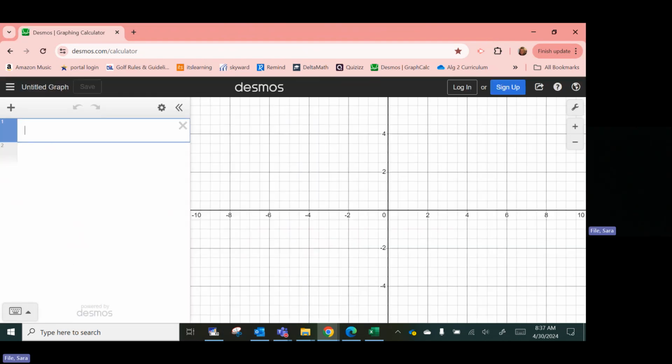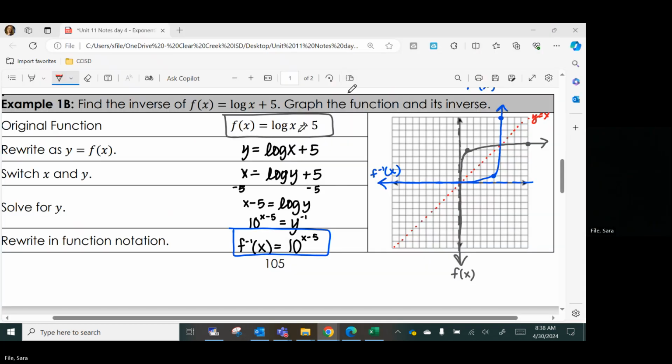So that function was log of x plus 5, or minus 5? Plus 5.